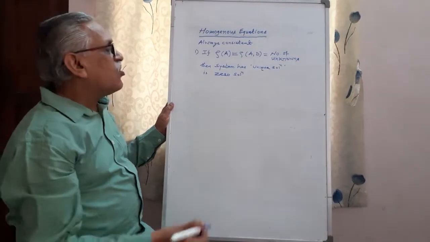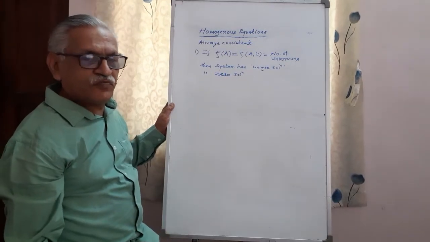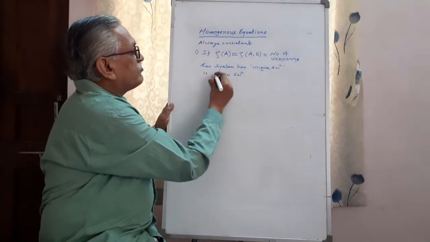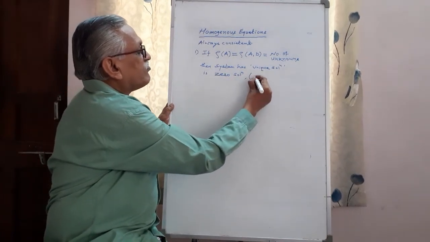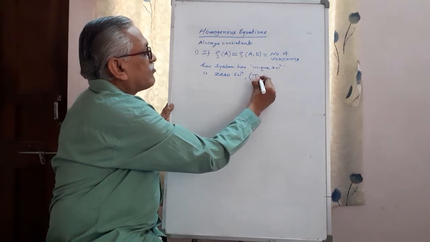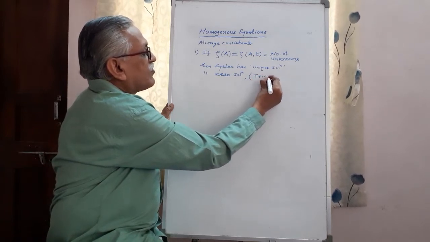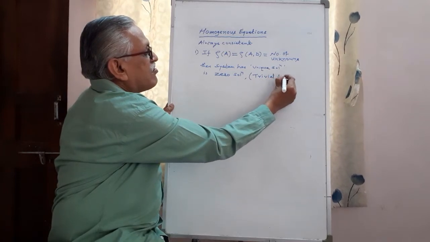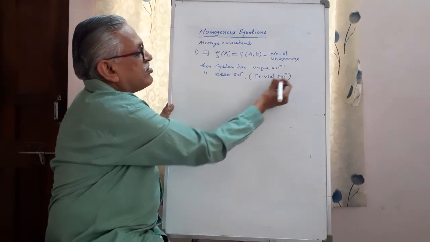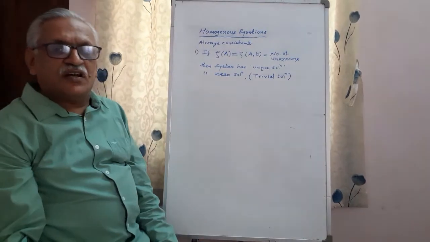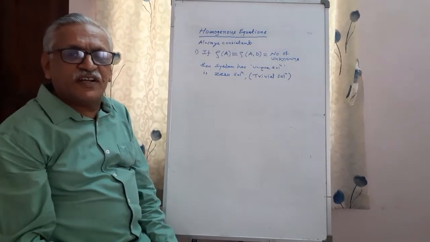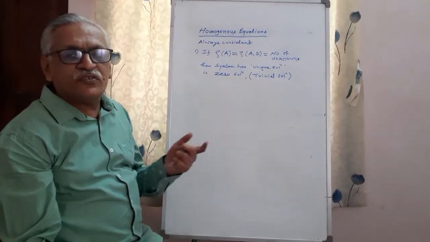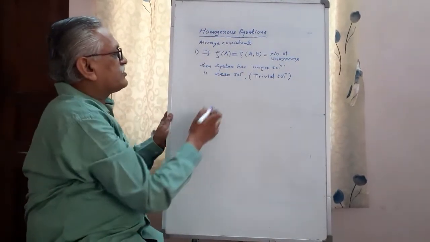Zero solution means all values are equal to 0, or it is also called the trivial solution. The dictionary meaning of trivial is insignificant solution, as values are equal to 0. That is the first case.